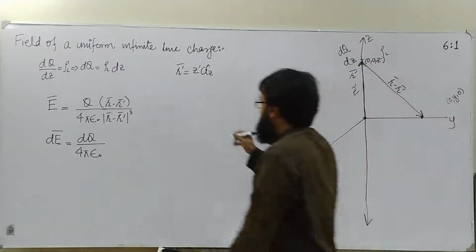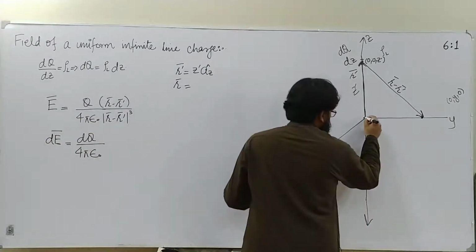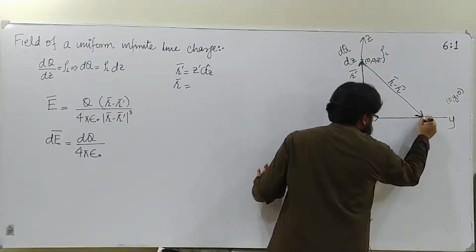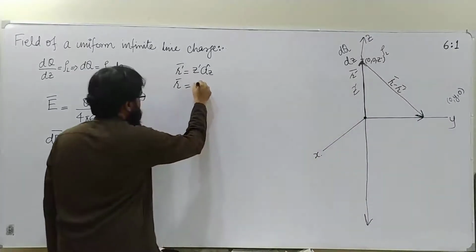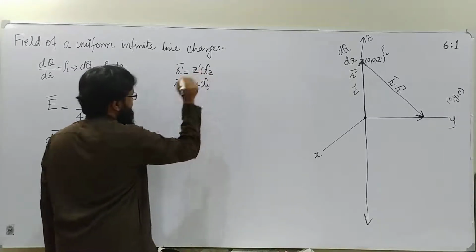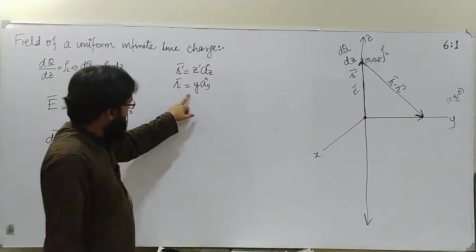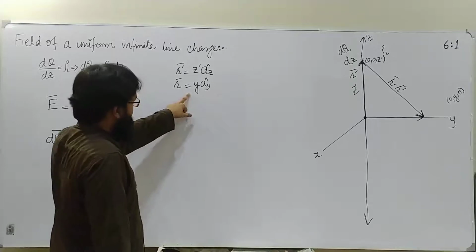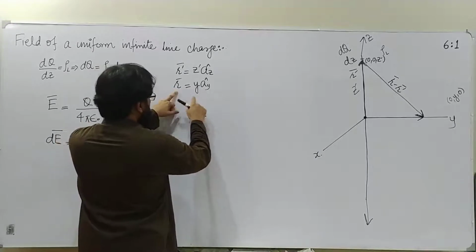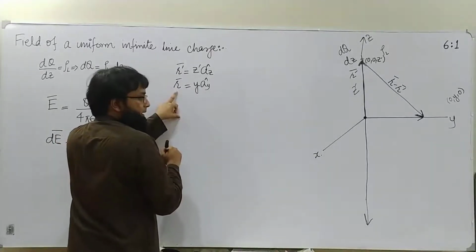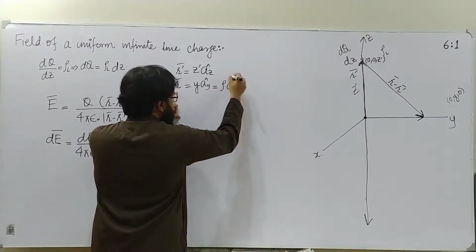And now the position vector which locates the field point should start from origin because it is a position vector and terminate at this field point, and the coordinates of both the ends are known. So I would directly write it like this. So this is in Cartesian coordinate system, right? But we are working in cylindrical coordinate system, so we should convert this position vector r into its equivalent cylindrical coordinate representation, which you guys will do yourself because you know how to do it.